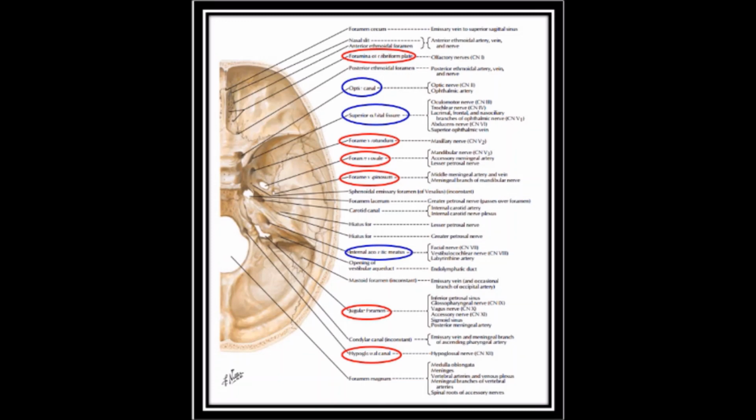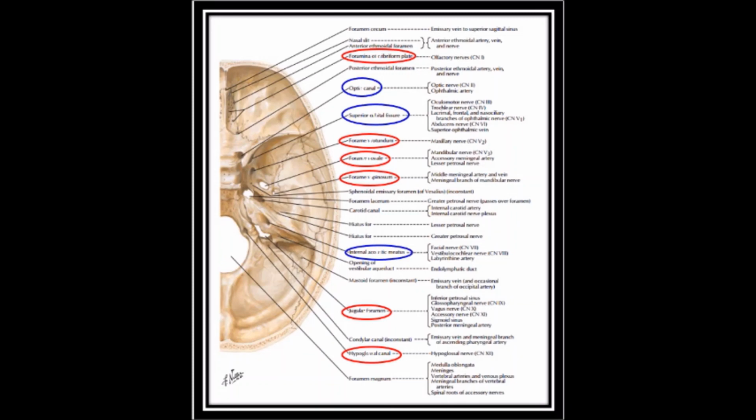Moving on from there, cranial nerve 7, the facial nerve, which has already been discussed. Note that superiorly, it passes through the internal acoustic meatus and inferiorly, it emerges from the stylomastoid foramen. Cranial nerve 8, the vestibulocochlear nerve, also passes through the internal acoustic meatus.